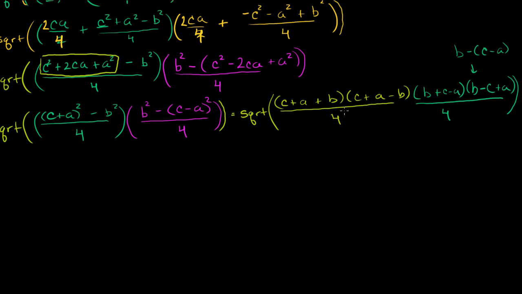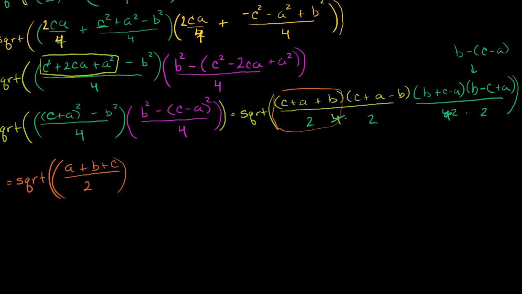I can rewrite this whole expression as, well, 4 is the product of 2 times 2. So our whole area expression has been arguably simplified to, it equals the square root, and this is really the home stretch, of this right here, which I could just write as a plus b plus c over 2. That's that term right there, times this term, times that term.